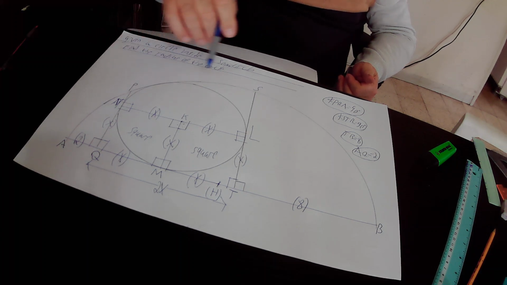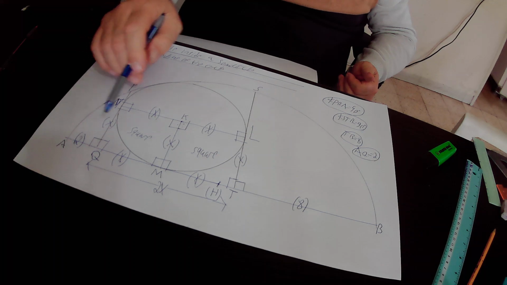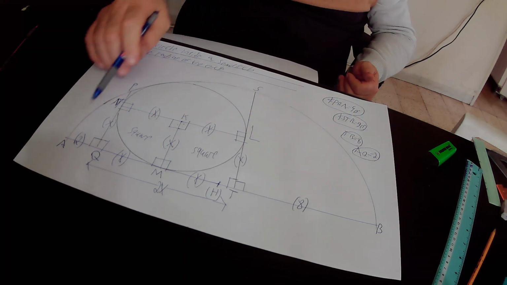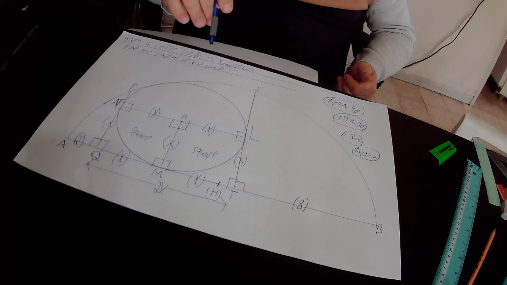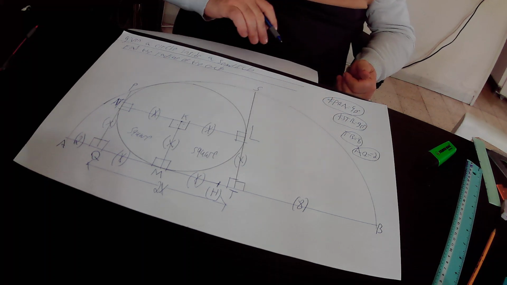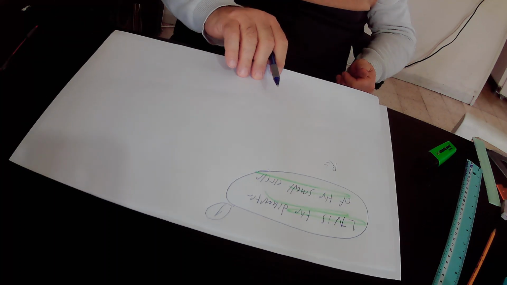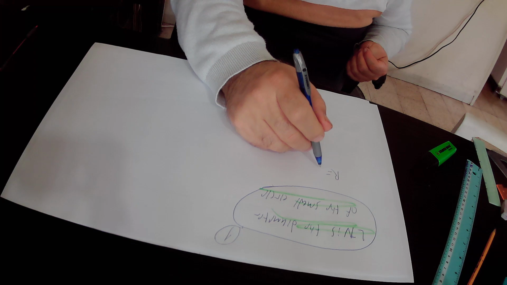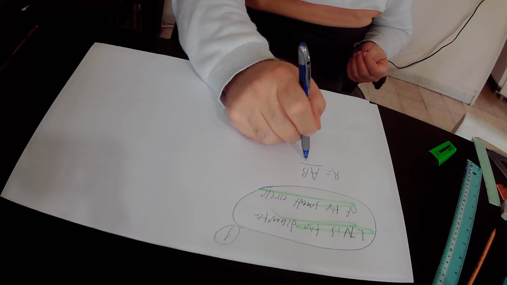The value of capital R must be equal to the diameter of this semicircle over 2. AB is the diameter, so the diameter AB over 2 must be equal to the radius of this semicircle, that is capital R. So the radius of the big semicircle capital R equals the diameter AB over 2.